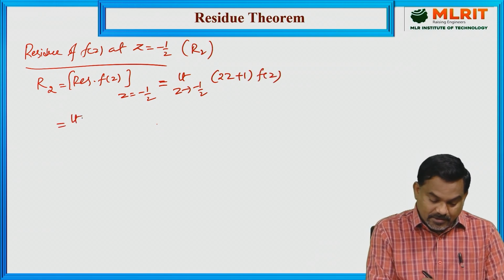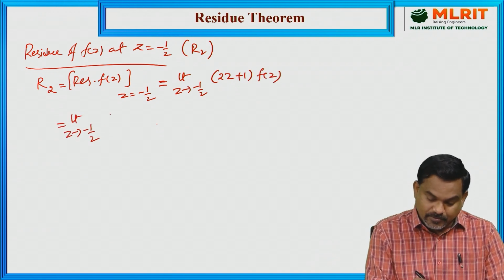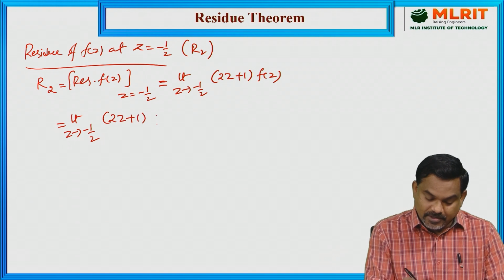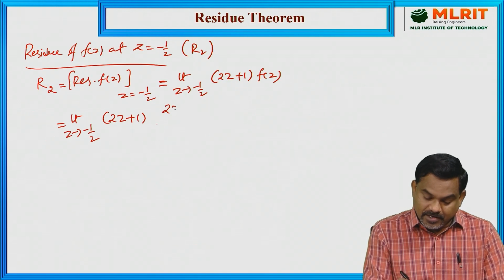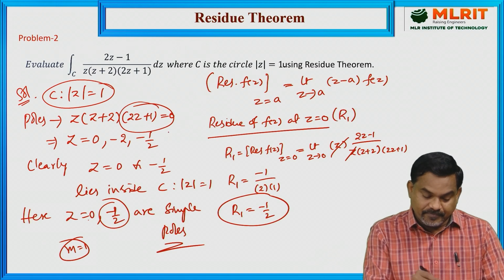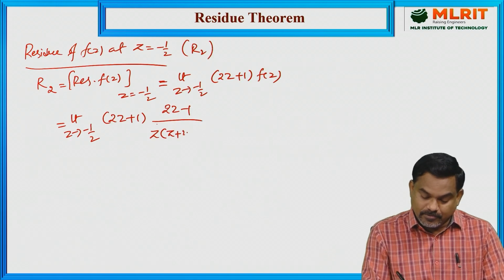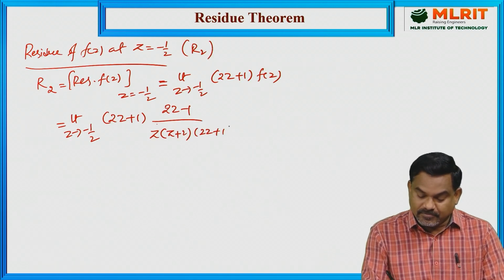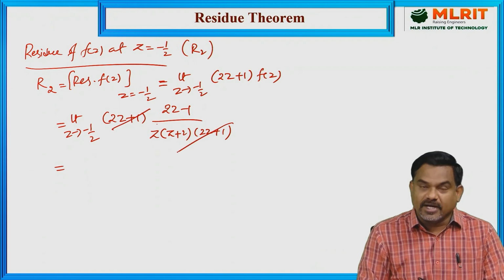This is limit z tends to minus 1 by 2, 2z plus 1 into 2z minus 1 by z into z plus 2 into 2z plus 1. Now these two get cancelled.